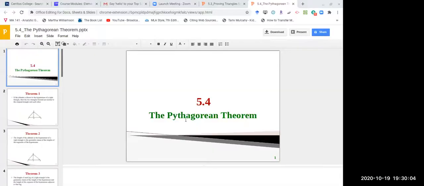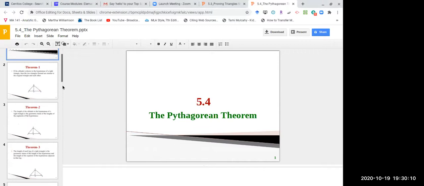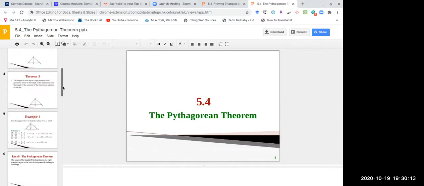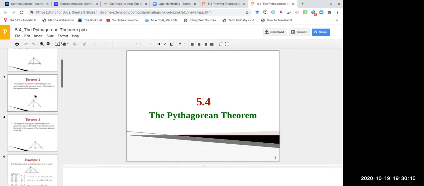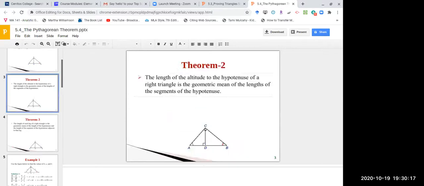So let me wait for the PowerPoint to load, and then share the screen again. Here is 5.4, and you want to pay special attention here. The PowerPoint's open with 3 theorems. You want to pay special attention to Theorem 2 and Theorem 3.